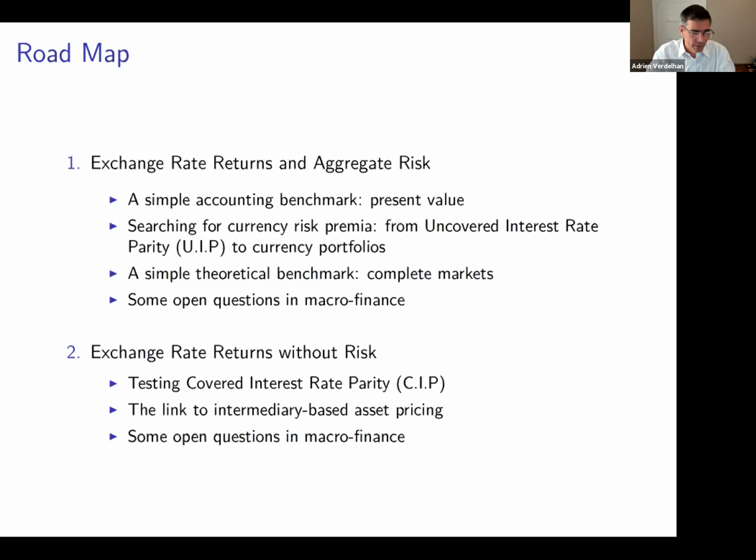I think the average Joe in the US doesn't really invest abroad and doesn't have much of an impact on the exchange rates. So segmenting, not in terms of assets traded, but who has access to the market, seems to be a very promising research avenue.